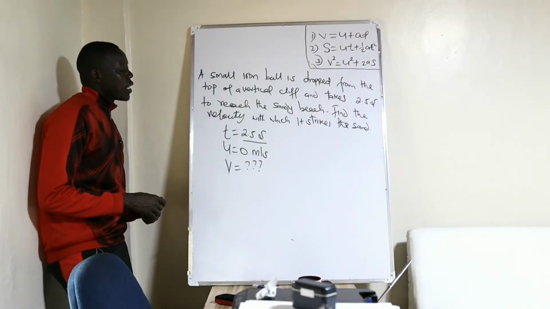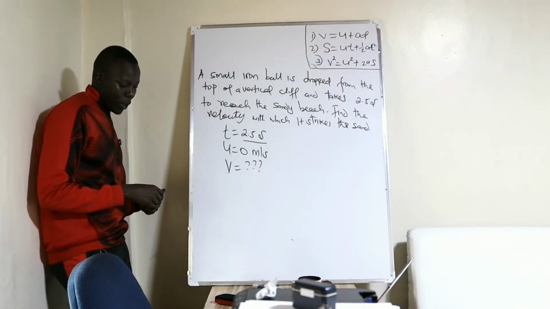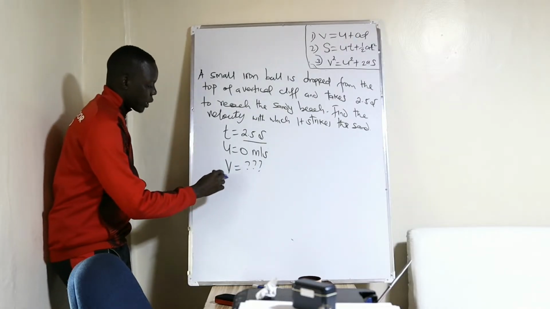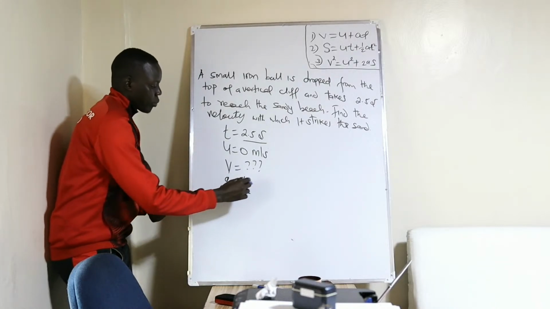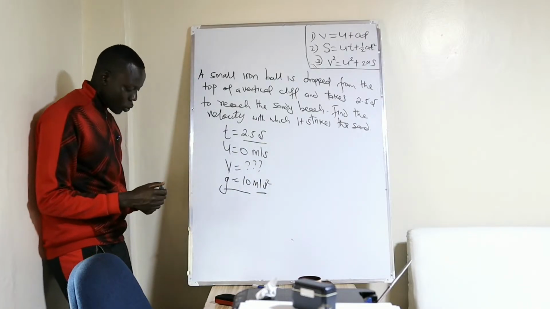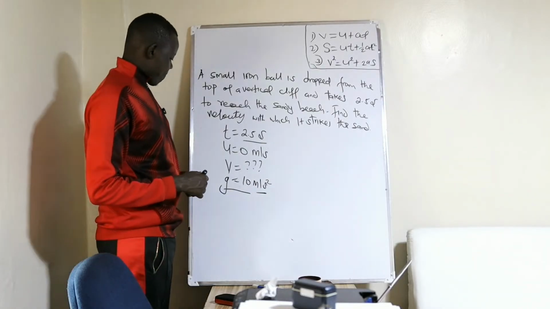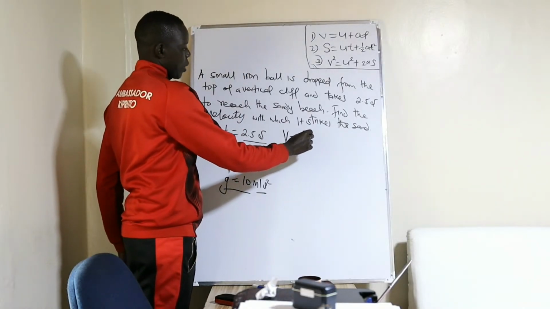What else do we have? This is a falling object, an object that falls down freely. We are supposed to know that g is 10 meters per second squared. Venye naona, we will use the first one, that v is equal to u plus gt.